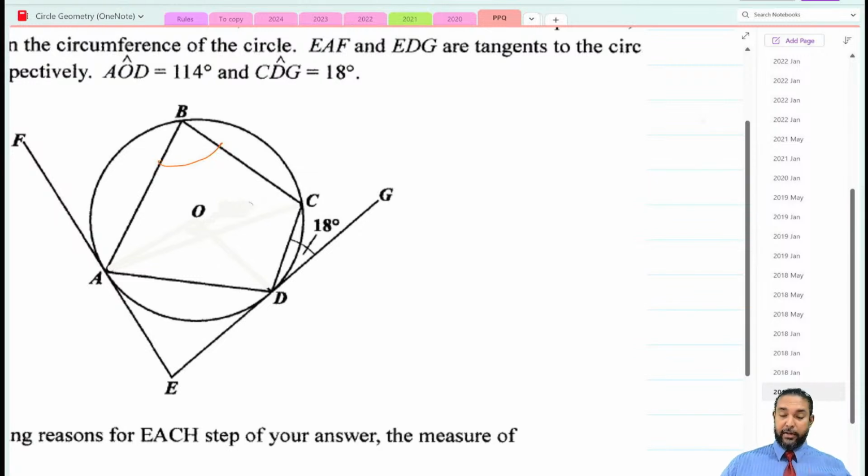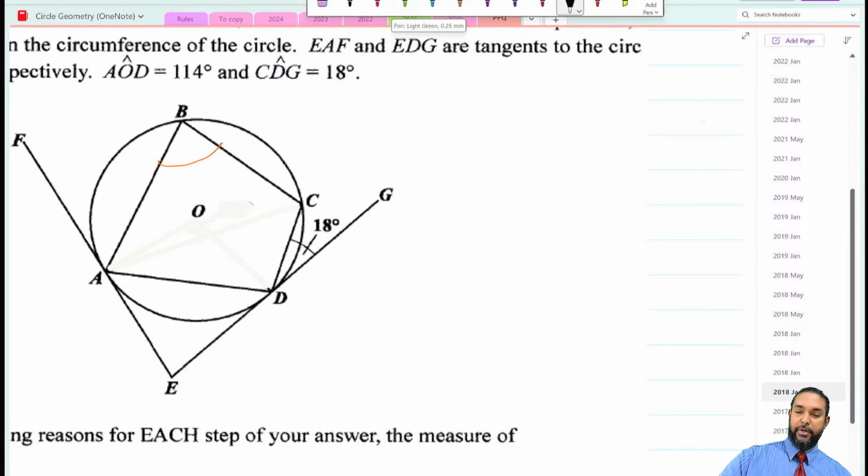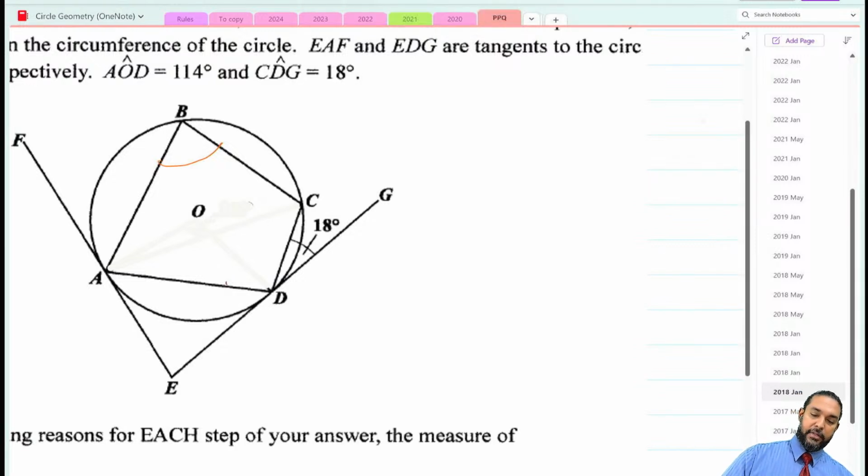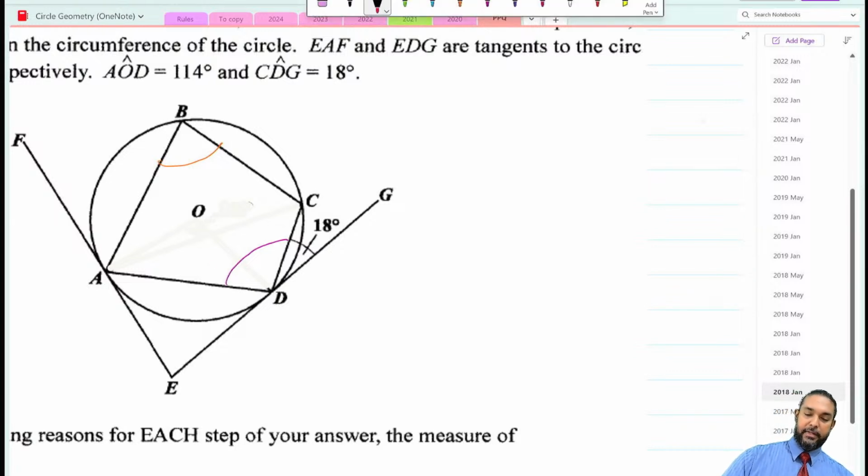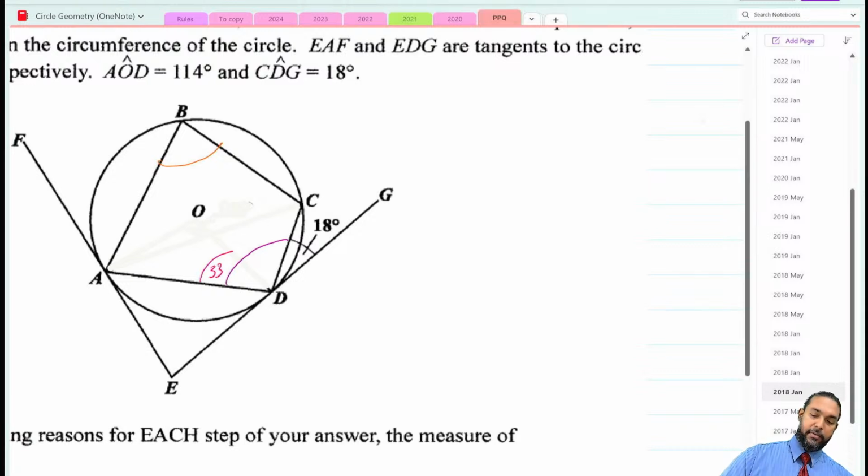So we've seen the cyclic quadrilateral, and if we could find this angle here, and we could, because we know that this piece here is 33, and we know this is 90, because the angle between tangent and radius is 90 degrees.